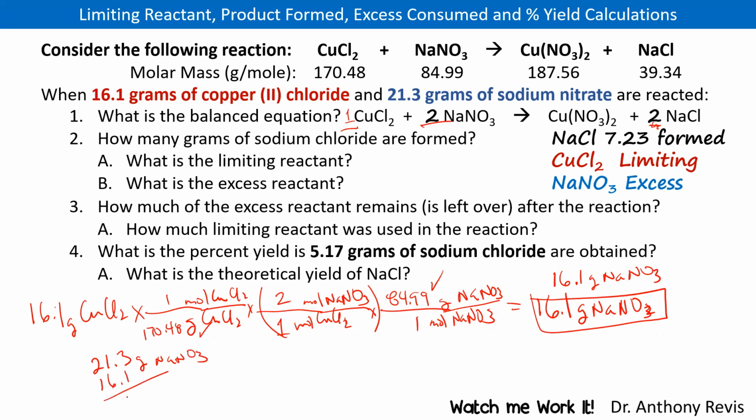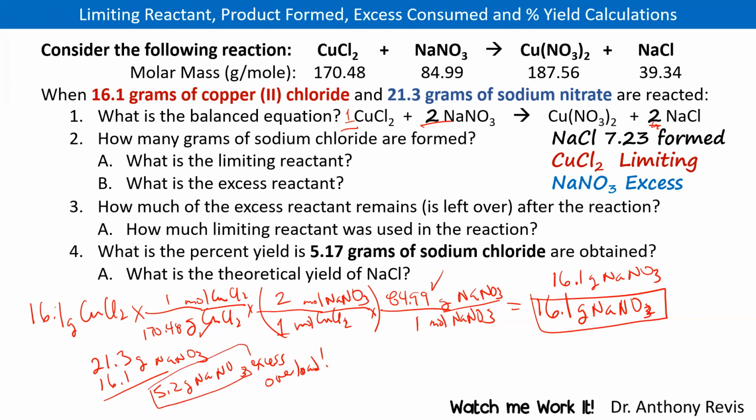If I do a little bit of simple arithmetic off to the side, 5.2 grams of sodium nitrate excess. So that's how much excess we had left after we ran this reaction.